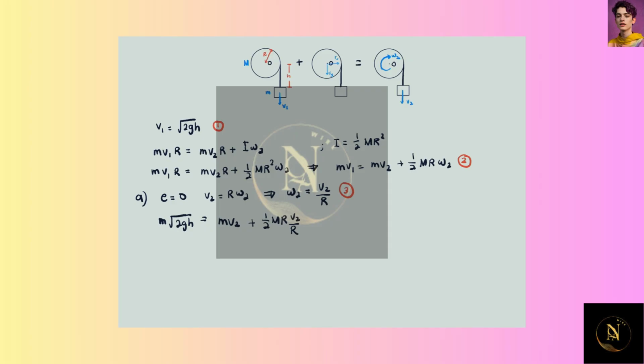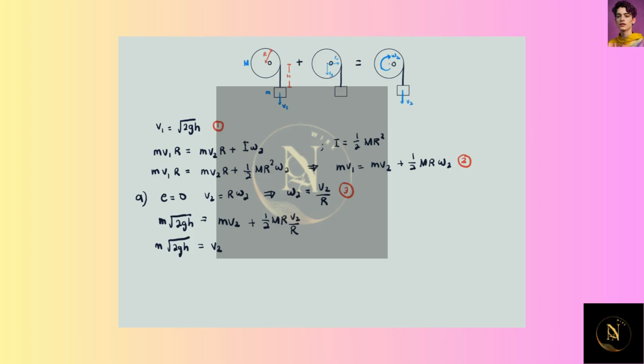Simplifying, we can factor out v2 on the right hand side of the equation.